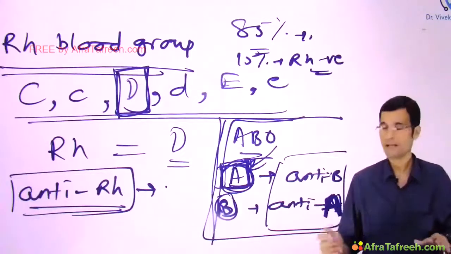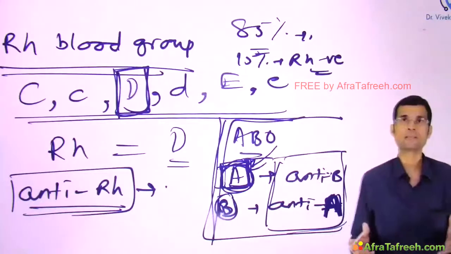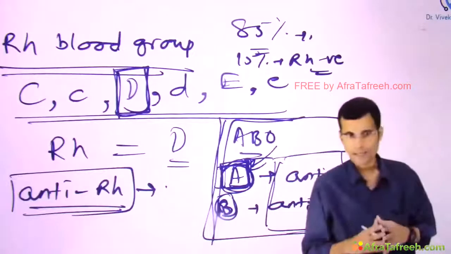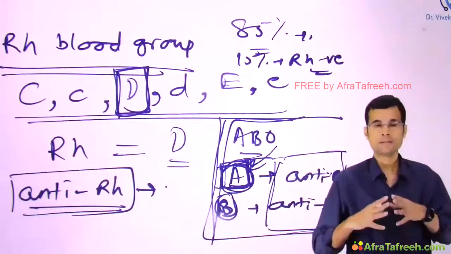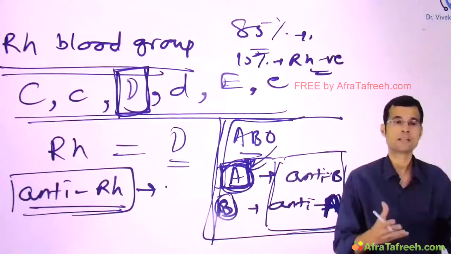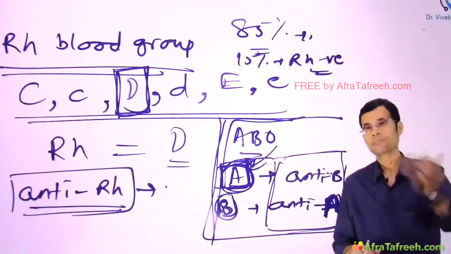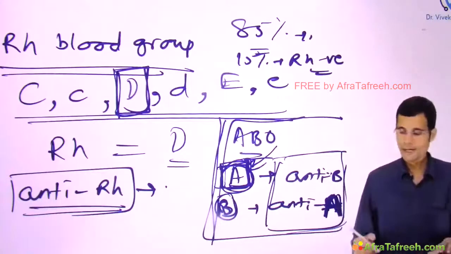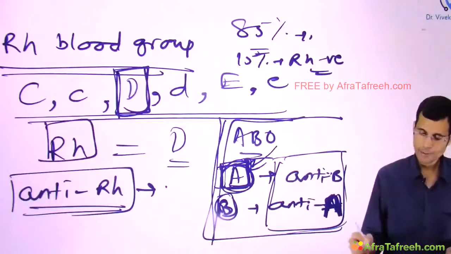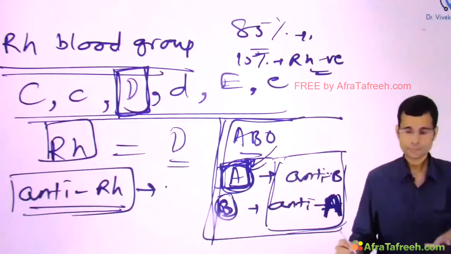This is the reason why anti-A and anti-B are seen naturally in the plasma, because these A and B antigens occur in the nature also outside the body, and the person gets exposed to those antigens from outside, whereas RH antigen is present only and only on the red cells.